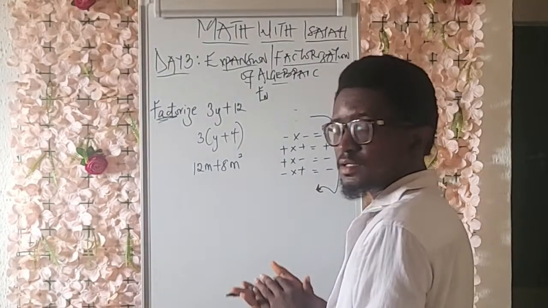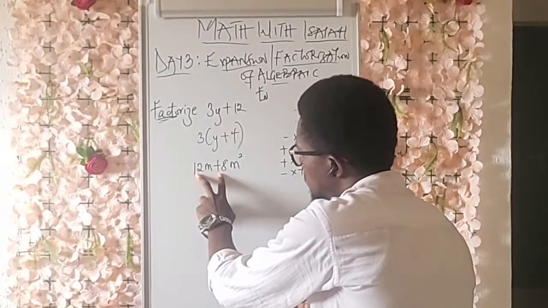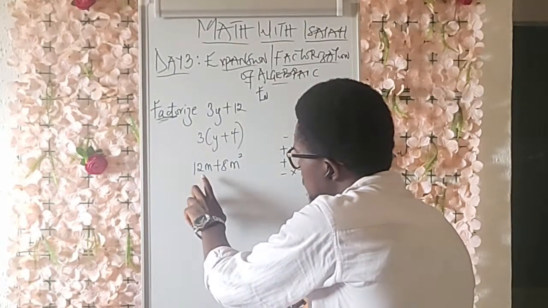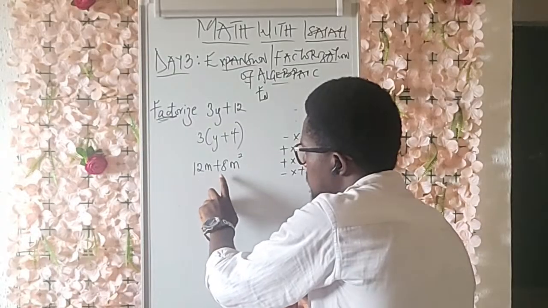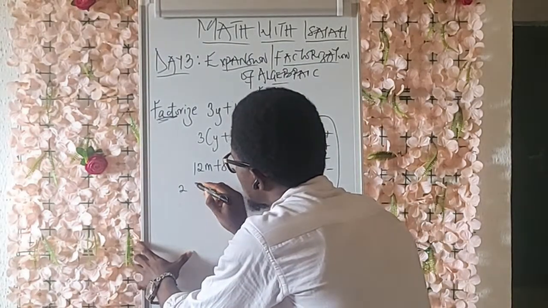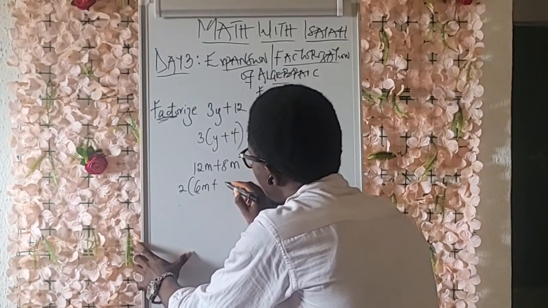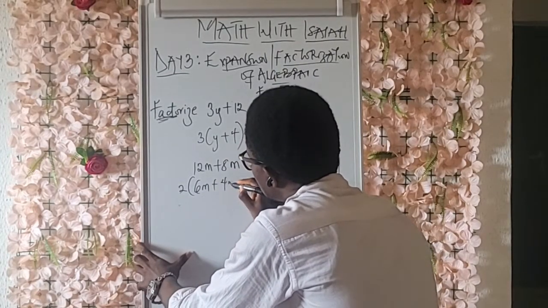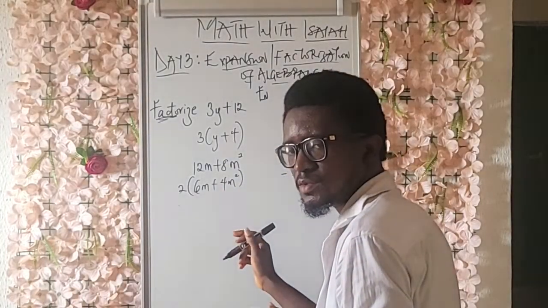How do you factorize this? What is common? Let's look at the numbers. What do you think is common? Is 2 common? Yes. 2 is here 6 times. 2 is here 4 times. Now let's do it first. 2 times 6m plus 4m squared.